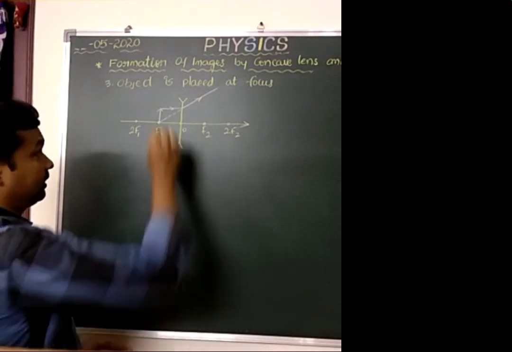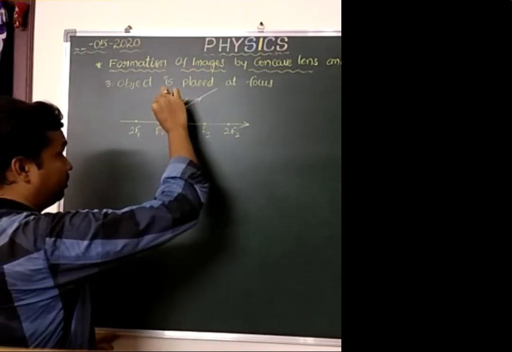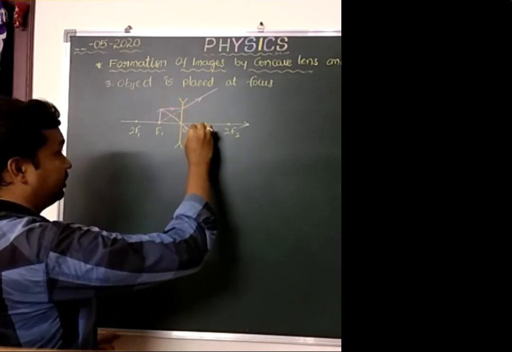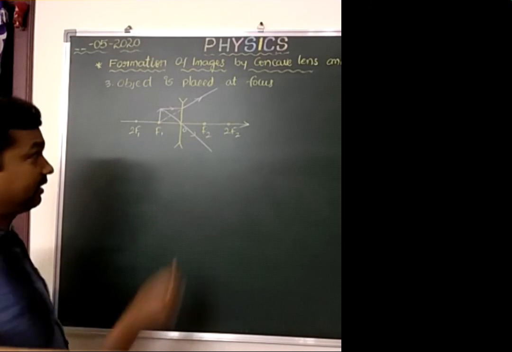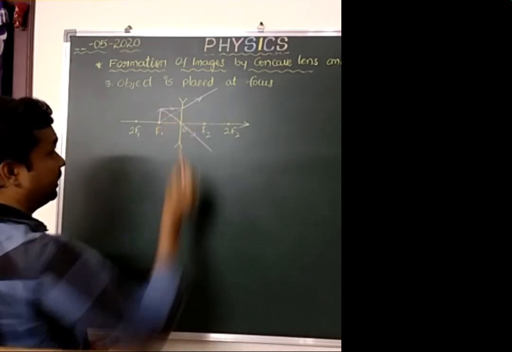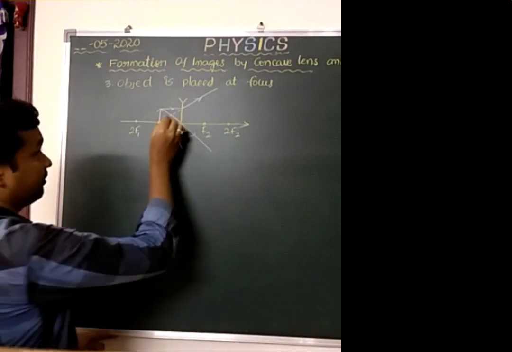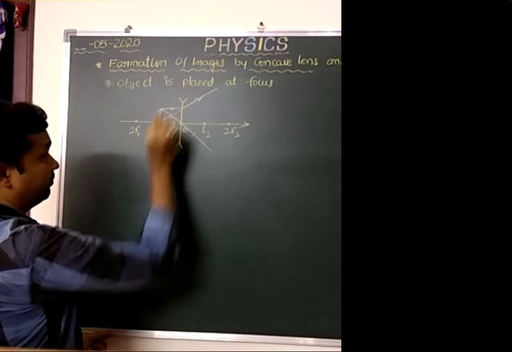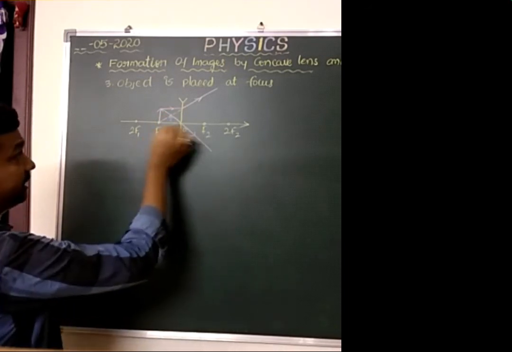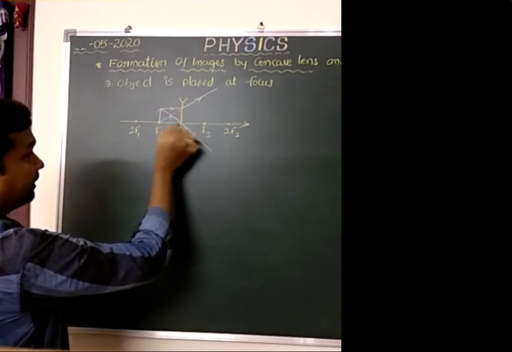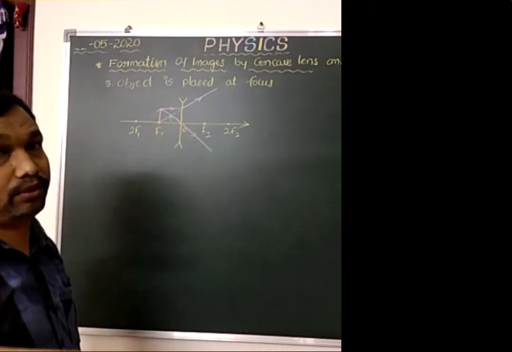That light ray which is passing through optic center without any deviation moves like a straight line. Where are we getting the image? Image is at this point. Where is the position? It is exactly in midway of focal length. This distance we are calling as focal length.